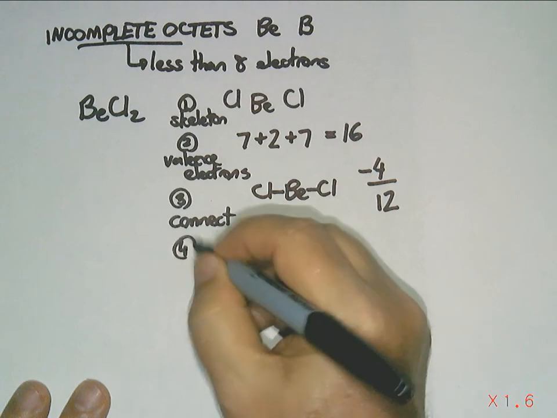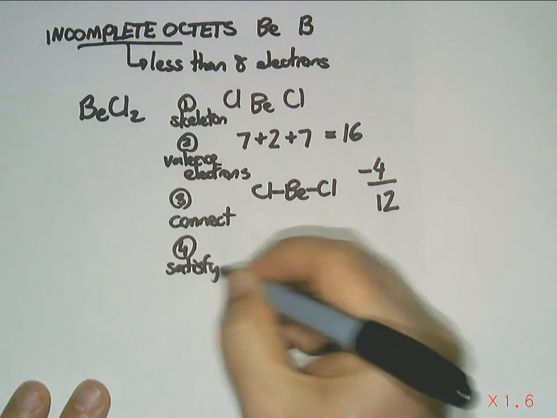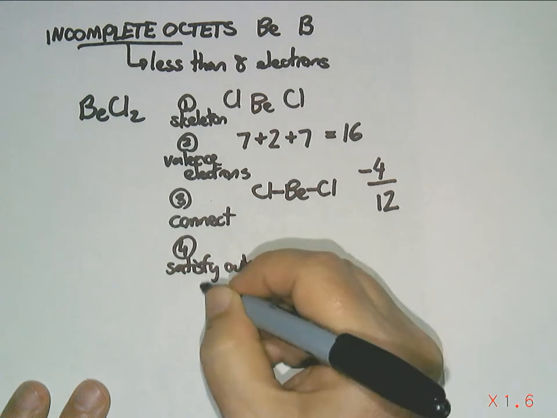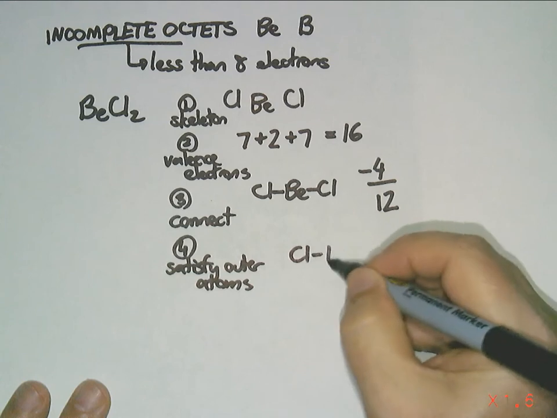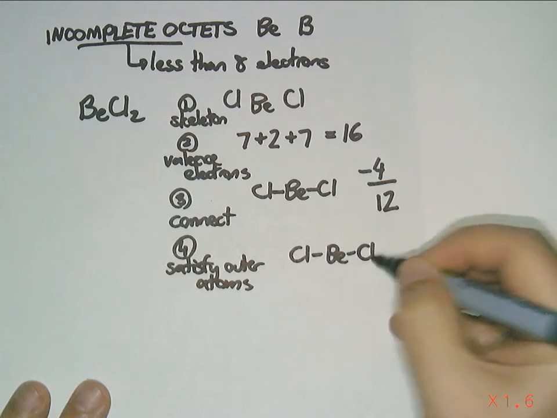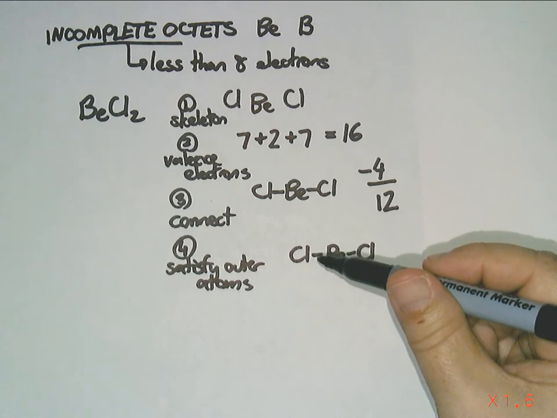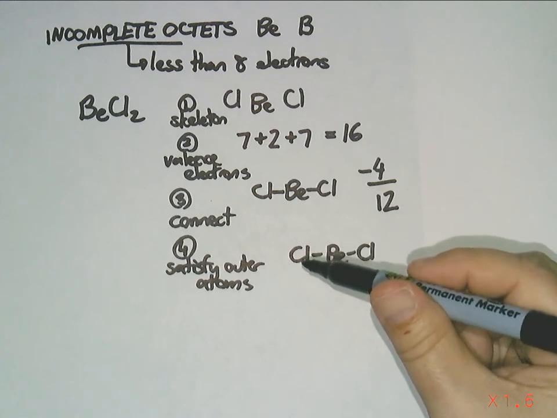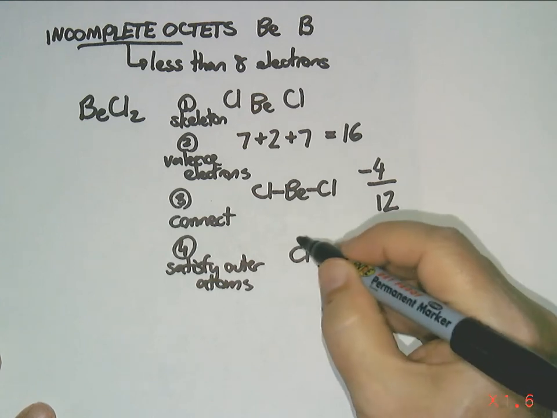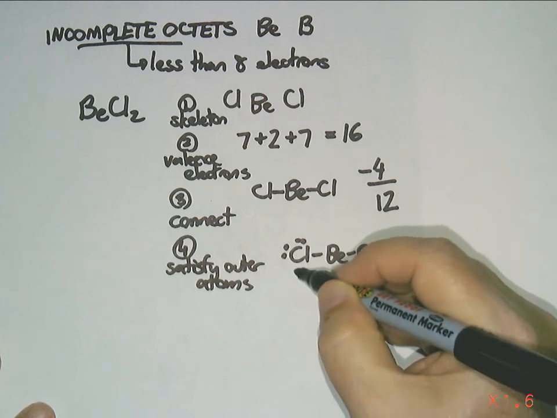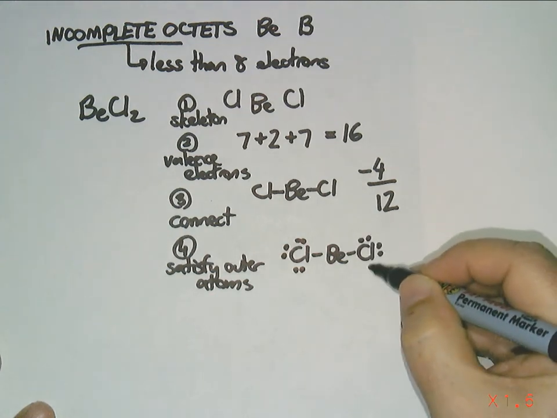Step 4, satisfy the outside atoms. Okay, each of these chlorines has got 2, and they want to have an octet, 8, so they need 6 more. 1, 2, 3, 4, 5, 6, 7, 8, 9, 10, 11, 12.